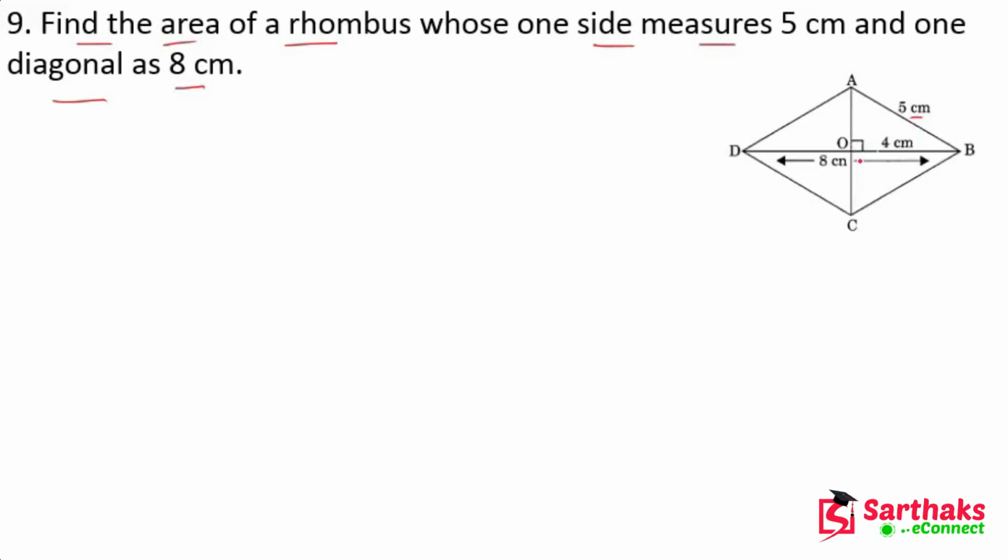Now here you can see that DO is equal to OB, because diagonals bisect each other.